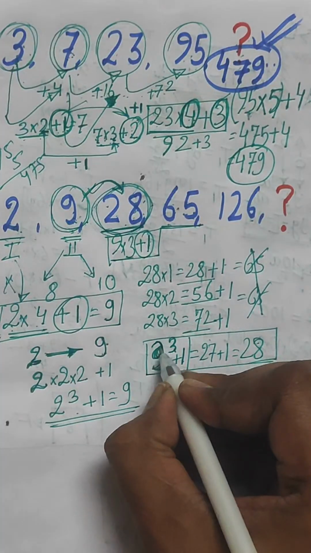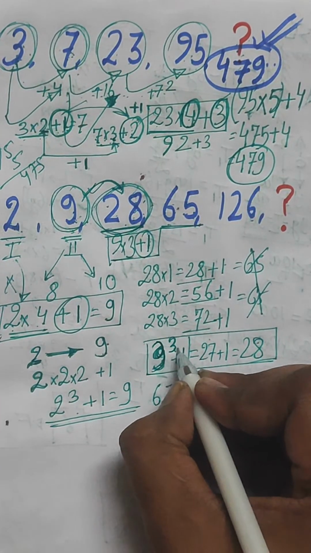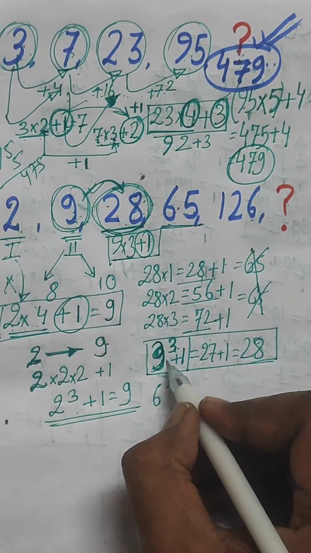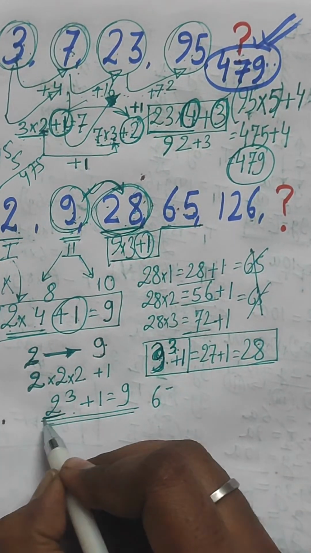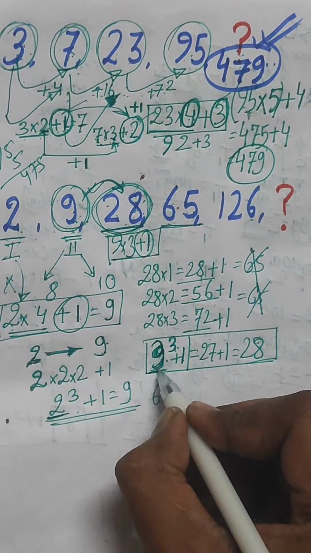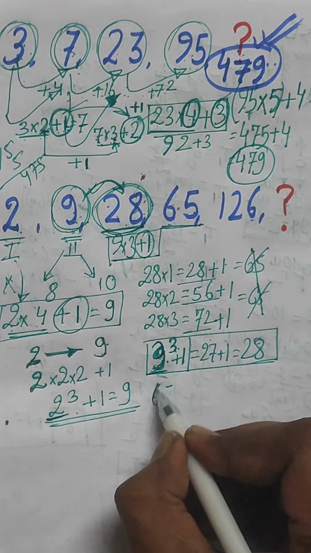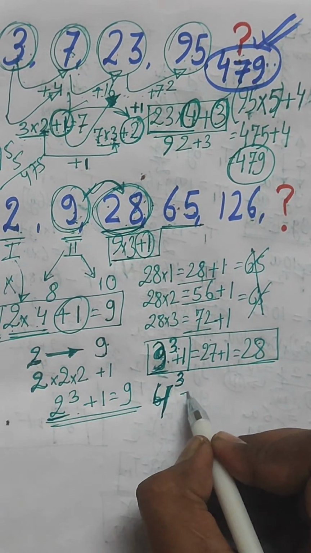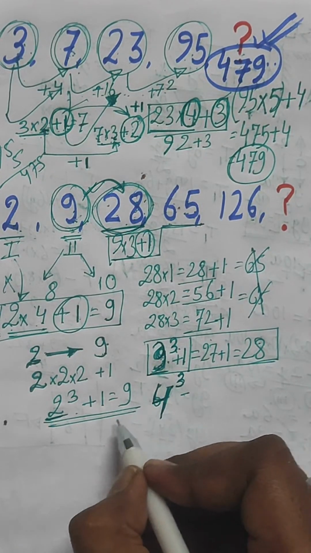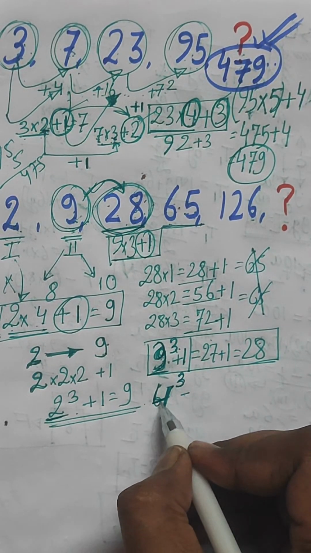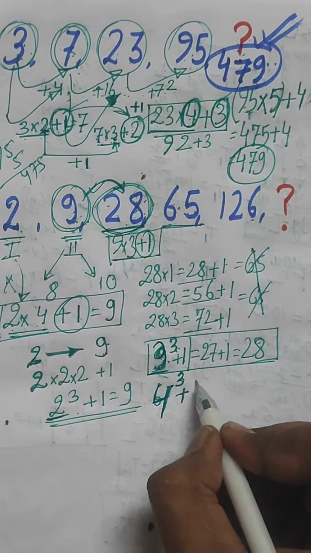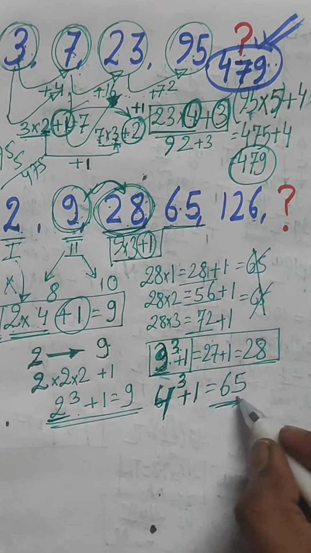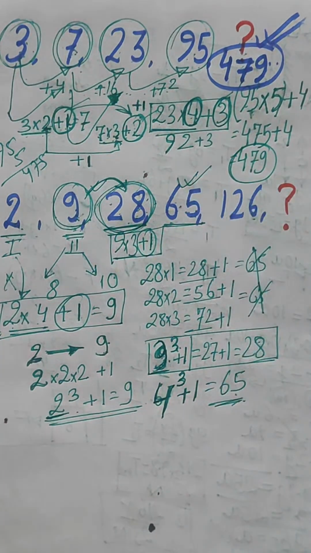It's a typo error. 3 cube, 3 into 3 into 3 will be 27. So if you take the consecutive number, earlier we have taken 2, then 3, then the consecutive number after 3 will be 4. So 4 cube will be how much? 4 into 4 into 4, 4 into 4 is 16, 16 into 4 is 64. And when 1 is added, you are getting 65, right? So this logic is applicable over here.